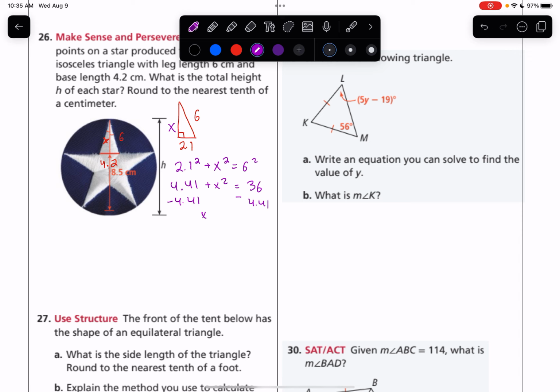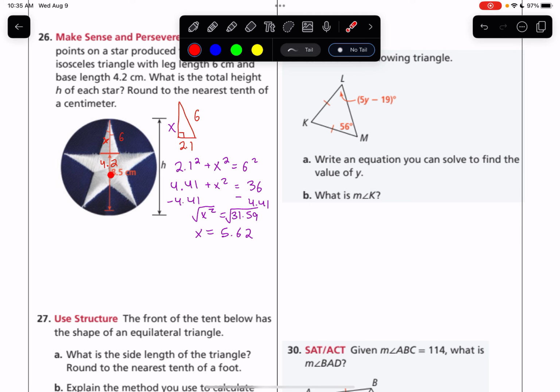So I've got x squared equal to 31.59. I want to take the square root of both sides. That'll give me x equals around 5.62. So the height of the point of that triangle is 5.62.